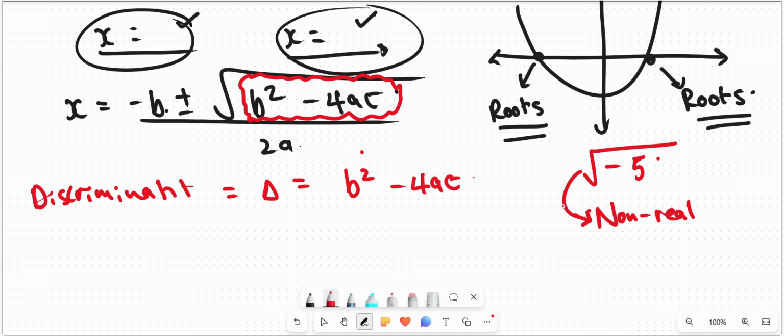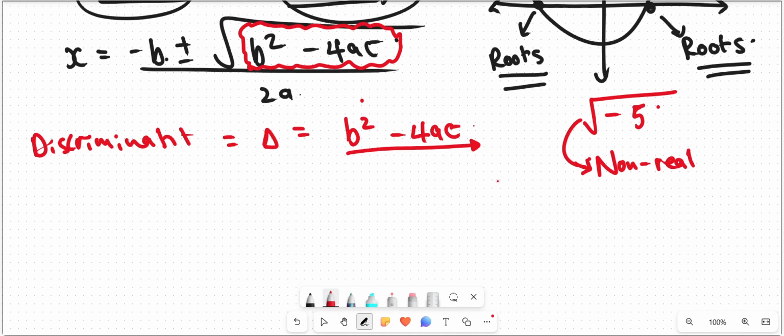If it comes out as certain numbers, it tells me that it's rational. And if it comes out as certain numbers, it tells me that it's irrational. Right? So we don't actually need to solve the equation. We could just look at the discriminant, and the discriminant will tell me what types of roots I'll be getting. It does not actually tell me the actual numbers of those roots. It just tells me the type that those roots have.